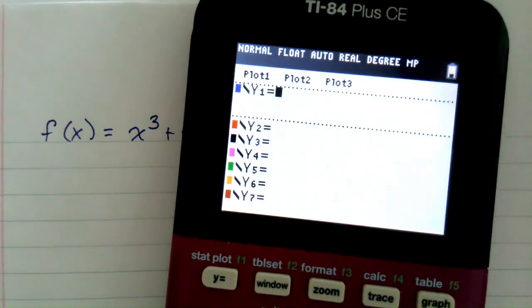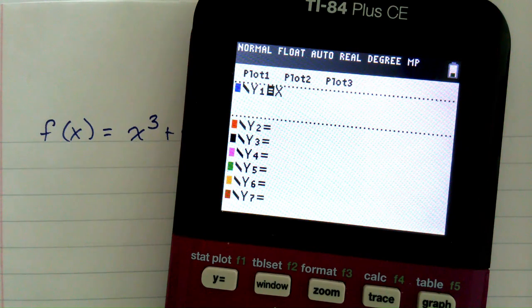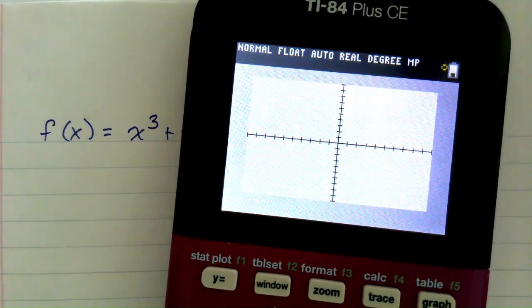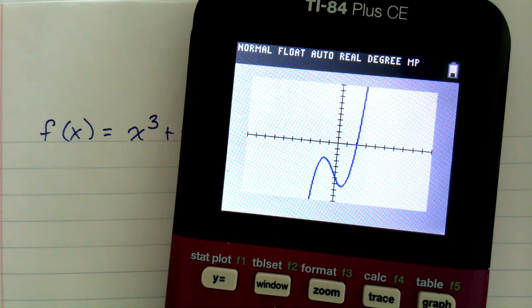And we're going to graph x to the third plus x squared minus 3x minus 6. Oh, it crossed at 2, but then it didn't cross anywhere else.